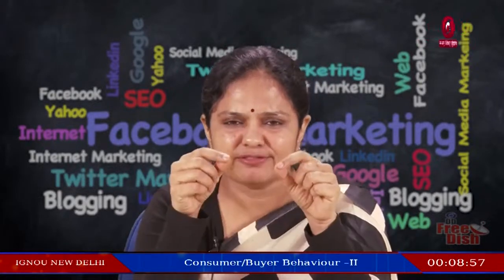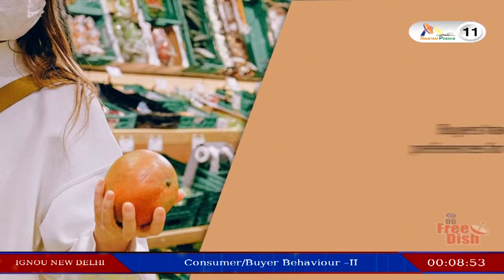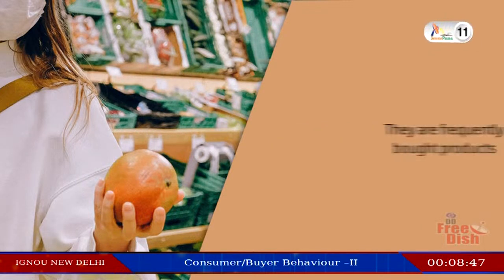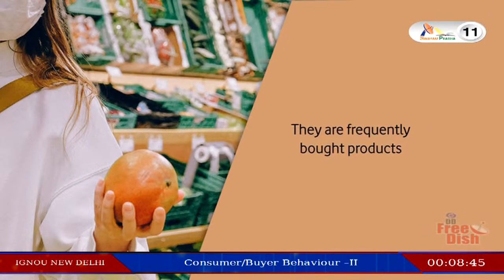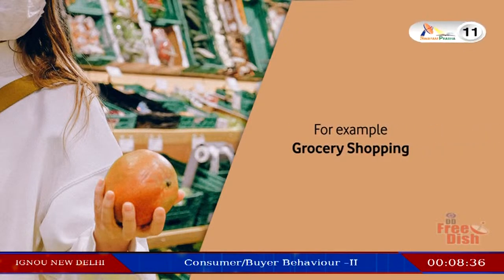In this kind of situation, buyers have very little involvement in such products. They have their set of preferences, and on the basis of those preferences, they just pick the commodities and fill their baskets. They are frequently bought, recurring products. For example, when you go for grocery shopping, you don't think much.